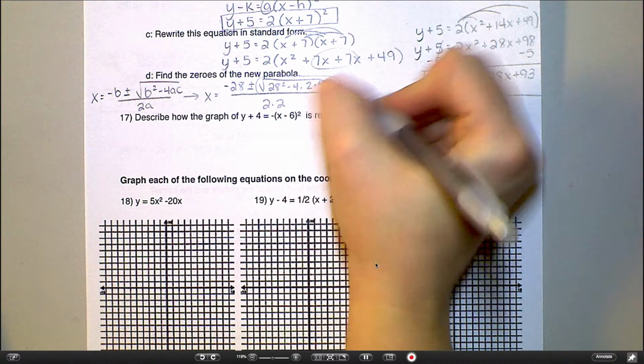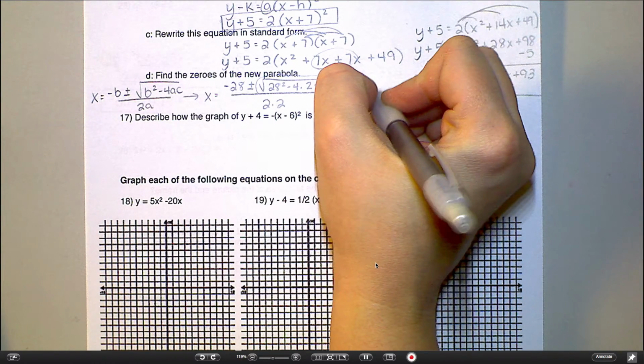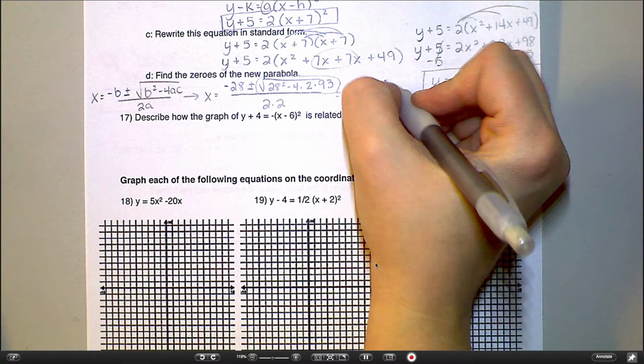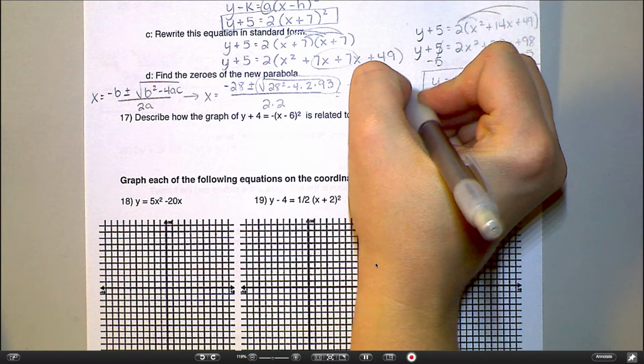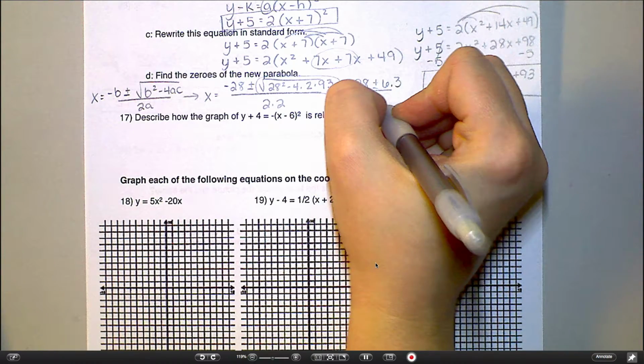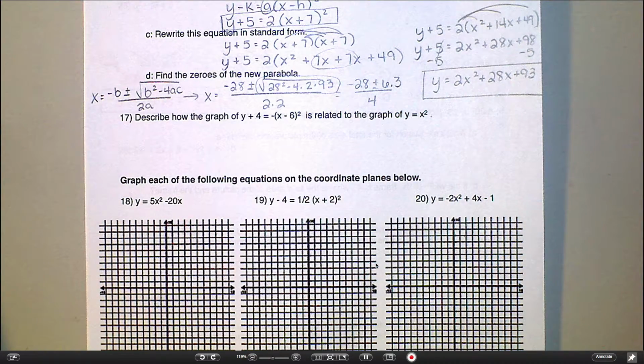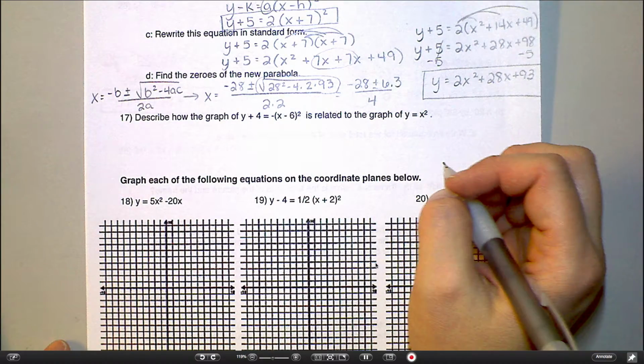So now I have negative 28 plus or minus 6.3, all over 4, because I'm going to just make that 2 times 2 of 4. Now where am I going to go with this? Do the plus or minus. I think I'll just use up my margin of my paper here.